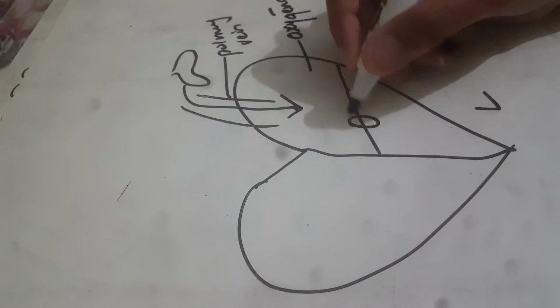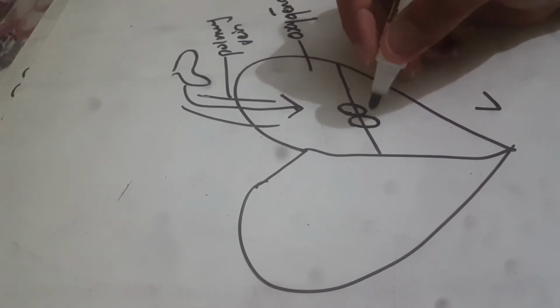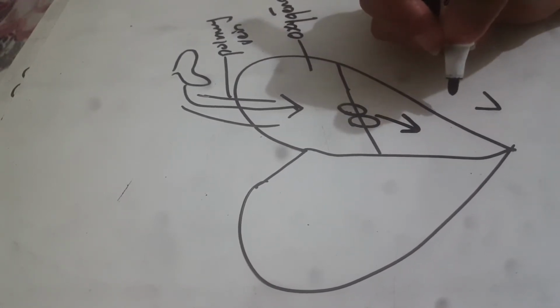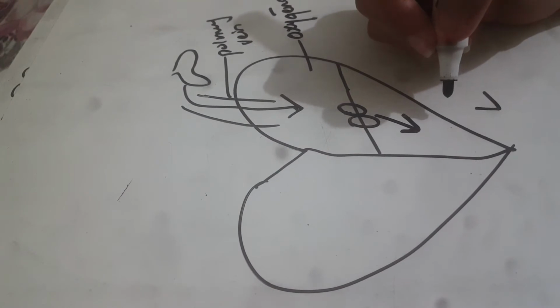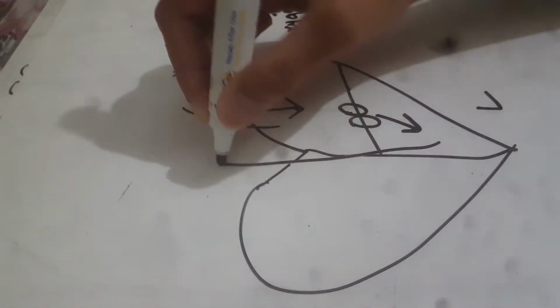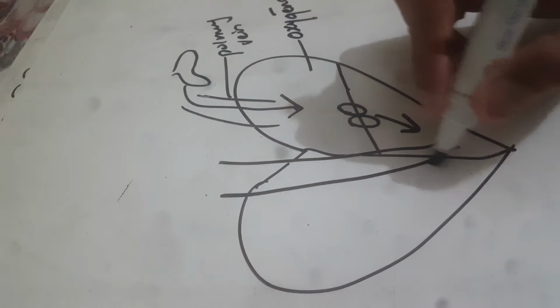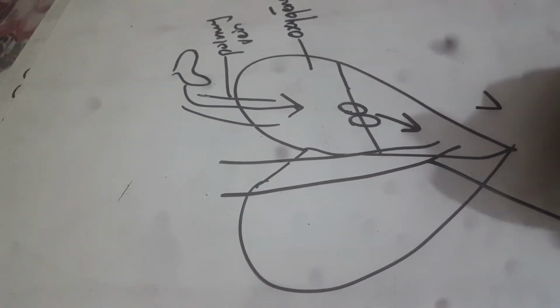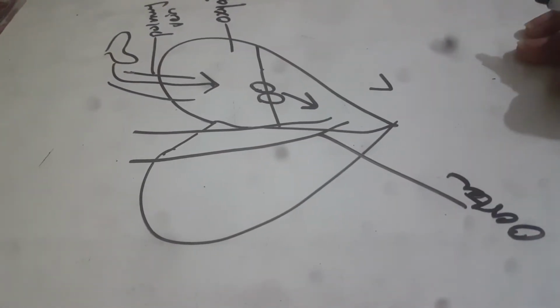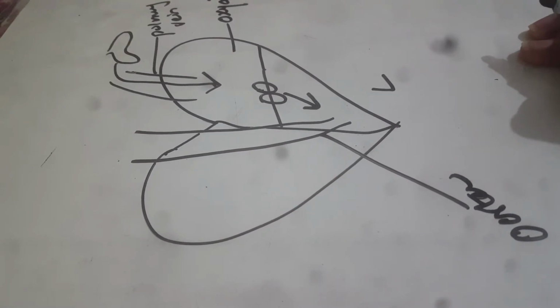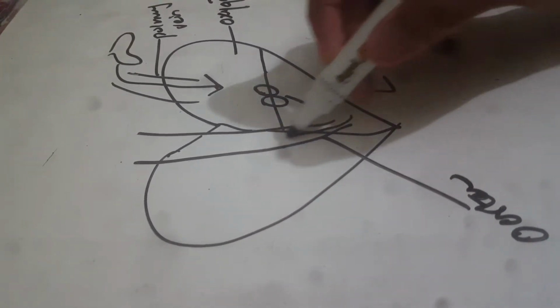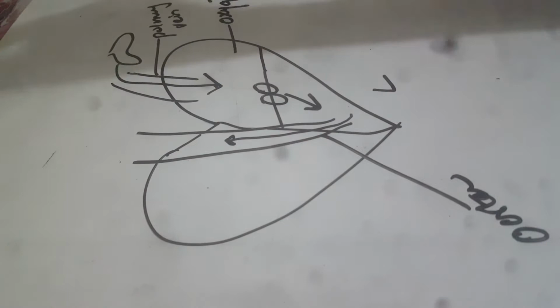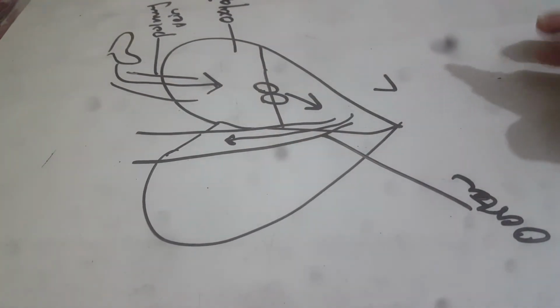Now via the bicuspid valve, after opening of the bicuspid valve, it comes into the left ventricle. From here goes the aorta, which supplies blood to all the body systems. From here it goes into the aorta, and then the aorta distributes it to all the other parts of the body.